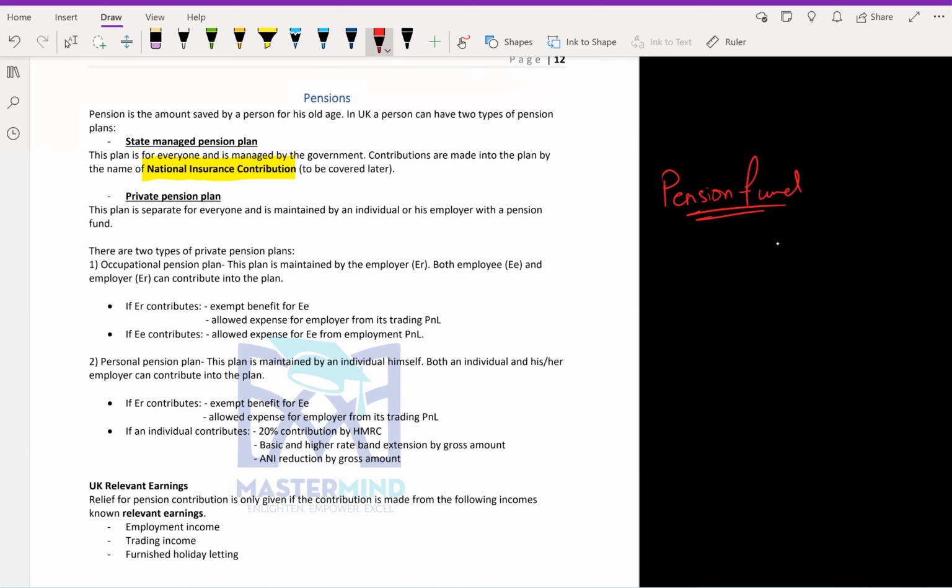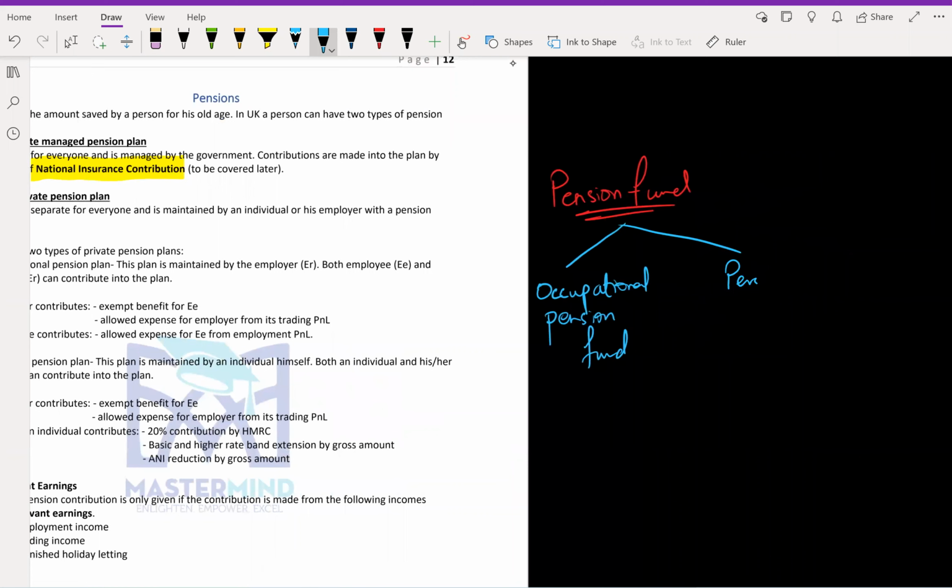Within the private pension fund, there are two categories. One is your occupational pension fund, and the second one is your personal pension fund.